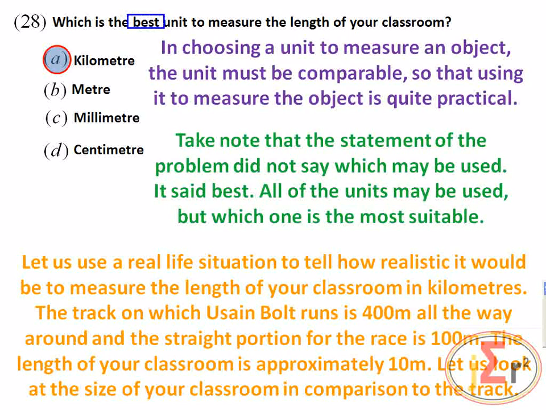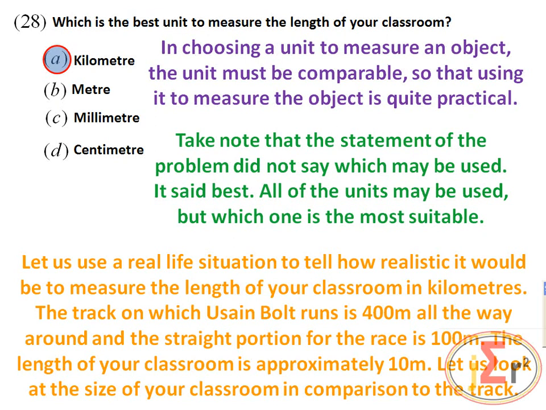The track on which Usain Bolt runs is 400 meters all the way around, and the straight portion of the race is 100 meters. The length of your classroom is approximately 10 meters. Let us look at the size of your classroom in comparison to the track.